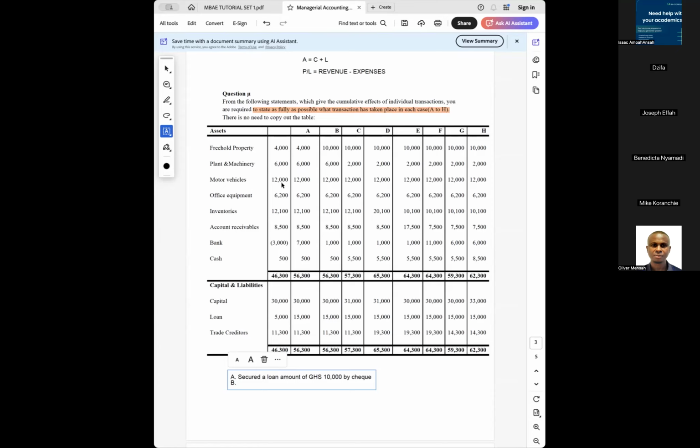No, that's not the comparison. We are comparing B to A. So the first thing that I see is that freehold property has changed from 4,000 to 10,000. So the amount of change is 6,000.